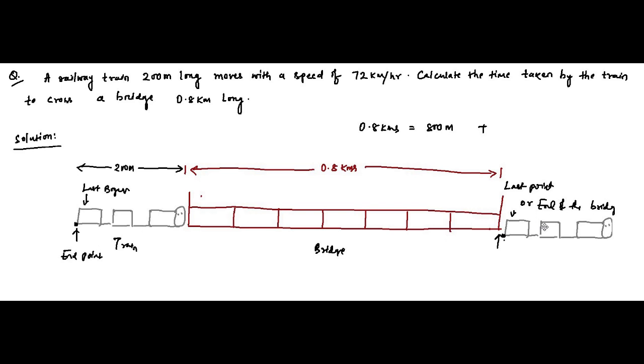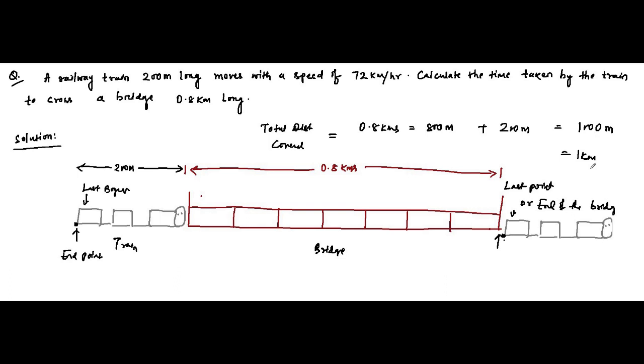Okay, this is the final position. So the total distance covered is 800 meters plus the length of the train, 200 meters, which is 1000 meters or 1 kilometer.